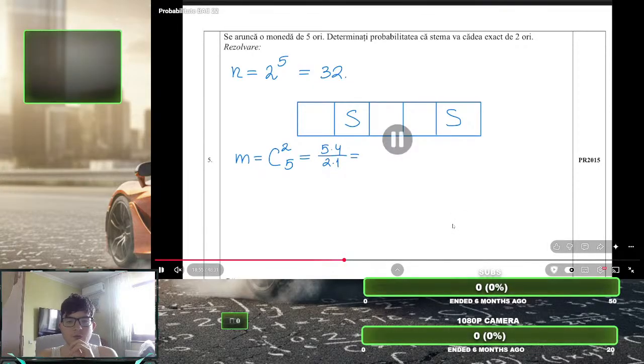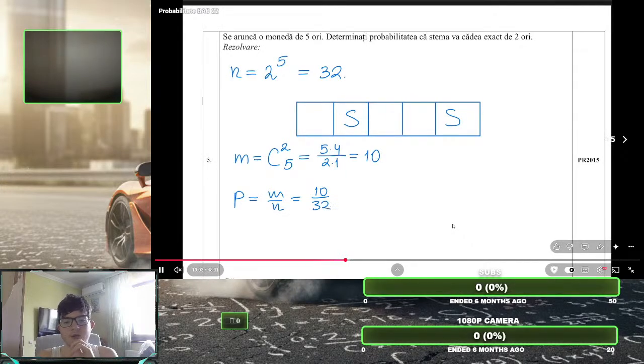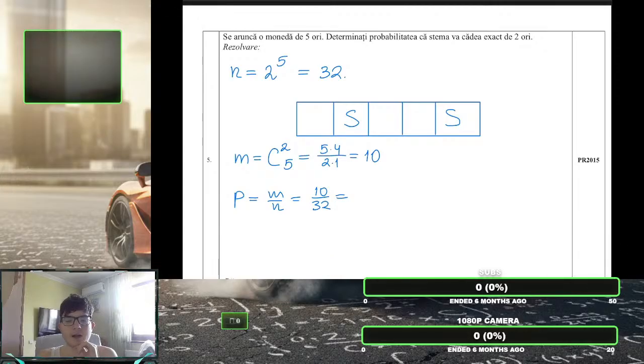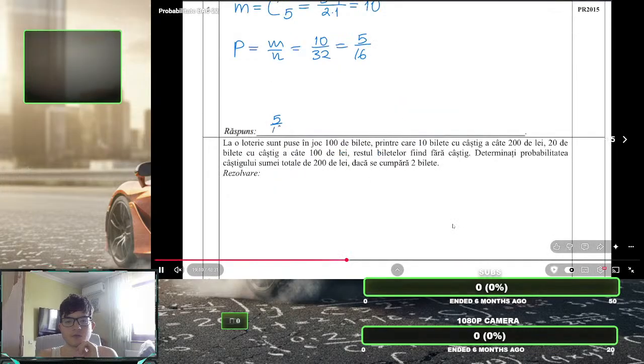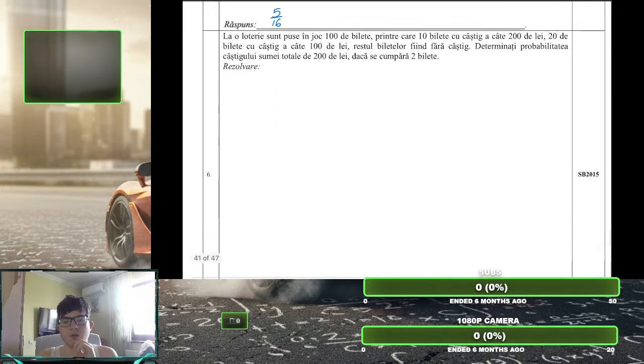So it's gonna be what? It's gonna be 10. So probability is 10 divided by 32. Simplify that and so on. You will have right there below 5 divided by 16, right? Alright.